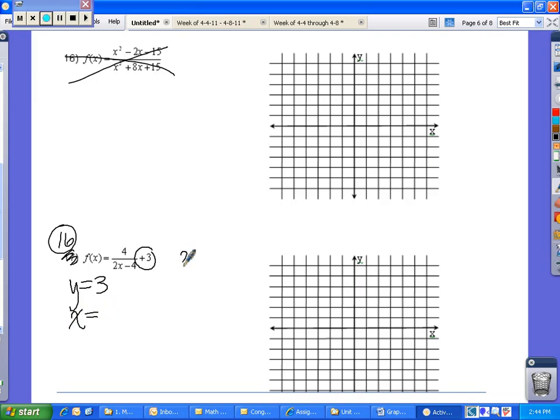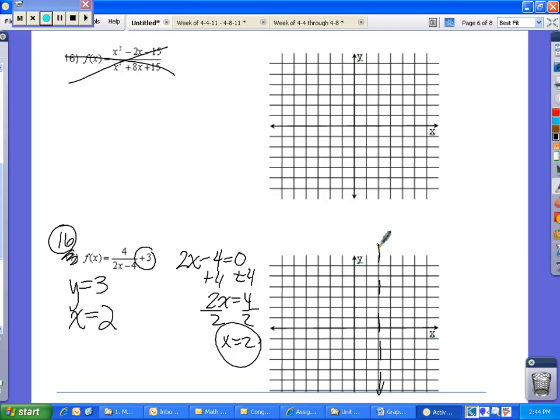My vertical asymptote is going to be when 2x minus 4 equals 0. So add 4, and I get 2x equals 4, divide by 2, and x equals 2. So that's going to be my vertical. So here's my vertical, x equals 2, and my horizontal is y equals 3.